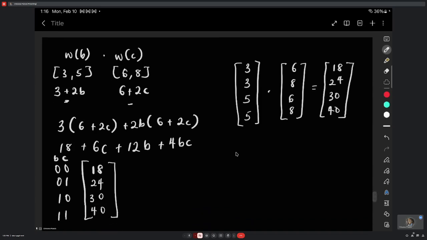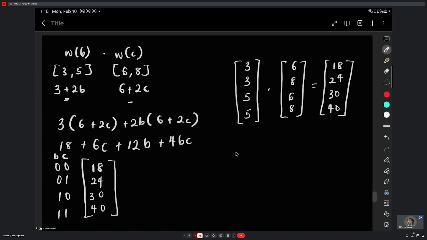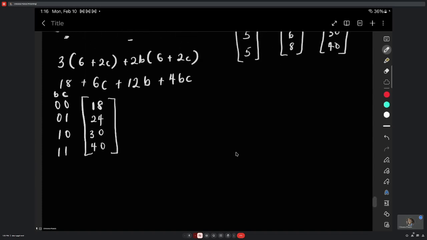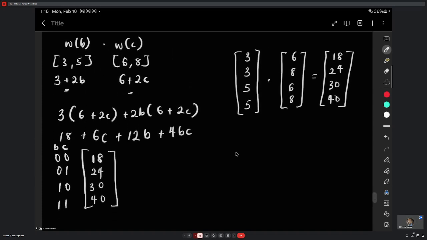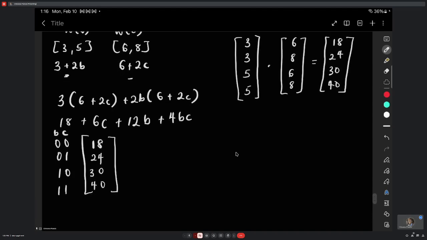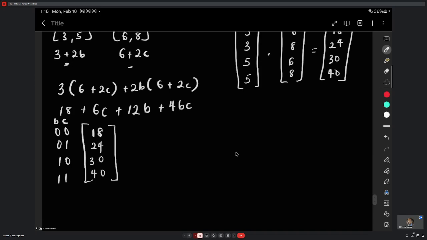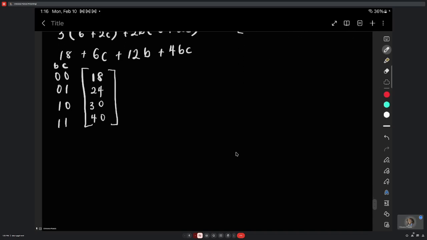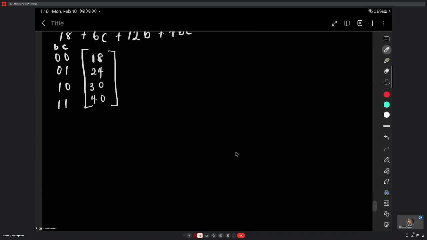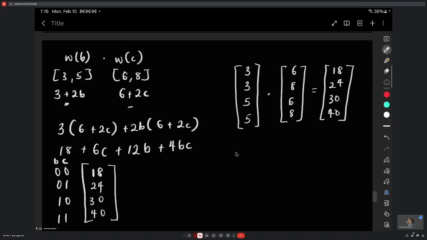Okay, how about a situation where we have two variables? Based on time, okay, a situation where we have two variables. Let's say, how should we do this?